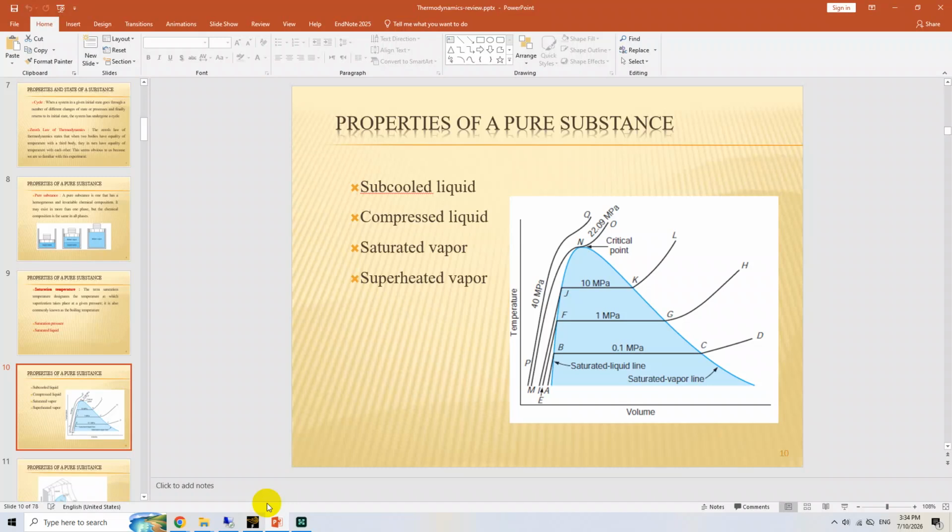After saturated vapor at point C, in CD we have superheated vapor. Superheated vapor is vapor whose pressure is the same as the saturation pressure, but whose temperature is more than that of saturated vapor.